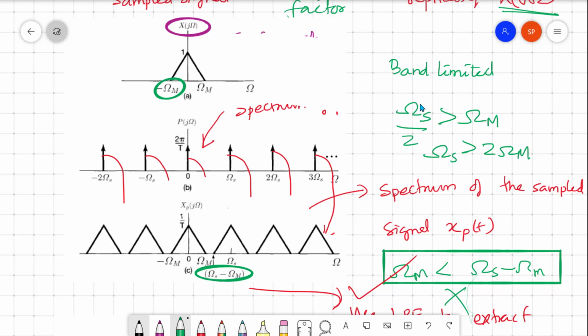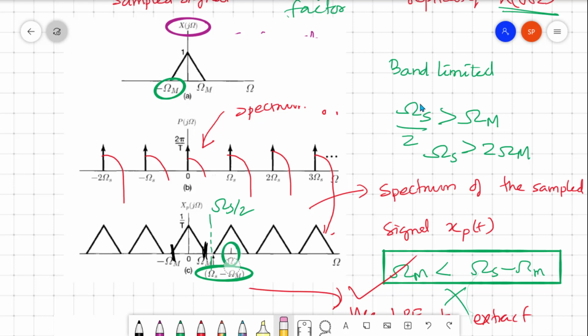You can clearly see that this is the maximum frequency omega m, and this point is actually omega s by 2, because this is omega s, right? So omega s by 2 is greater than omega m, or omega s is greater than 2 omega m. So that condition is also satisfied here.